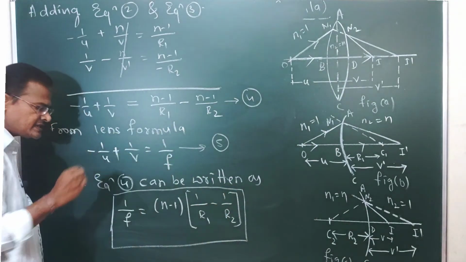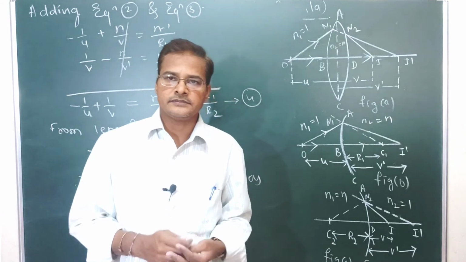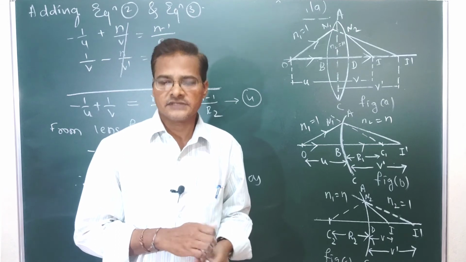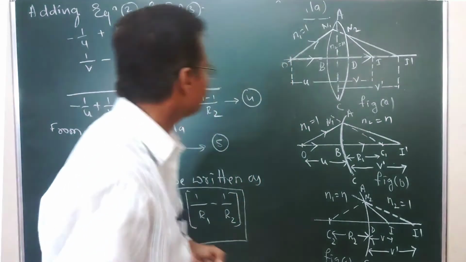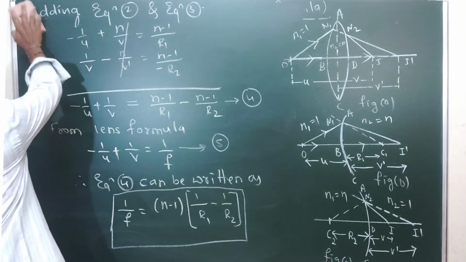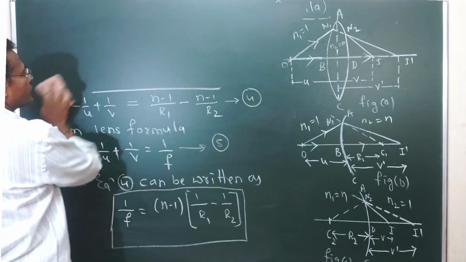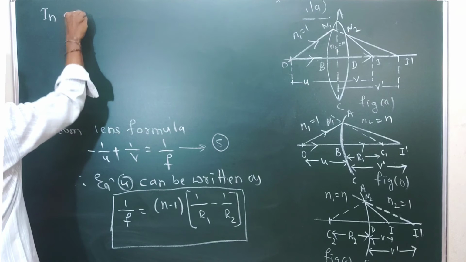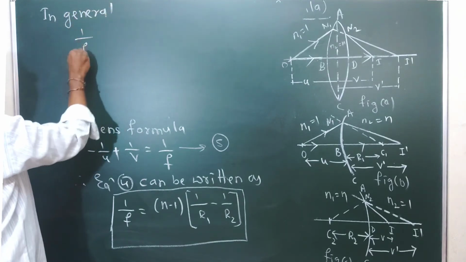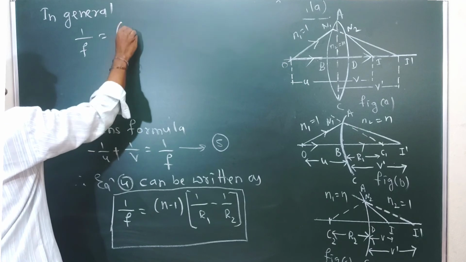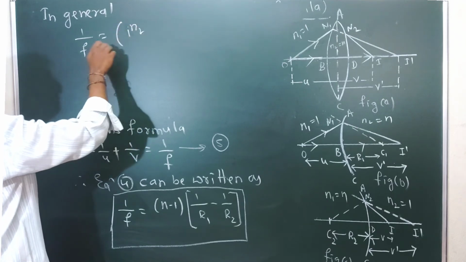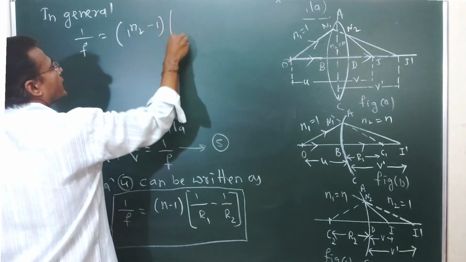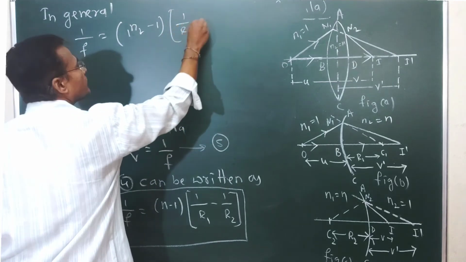Suppose this lens is placed in a medium other than air, then how do we write that equation? In general, we are going to write it this way: 1 by f equal to the refractive index from the first medium to the second medium minus 1, bracket 1 by R1 minus 1 by R2.